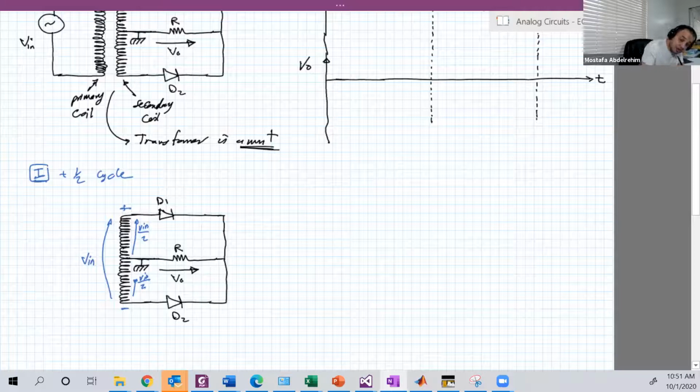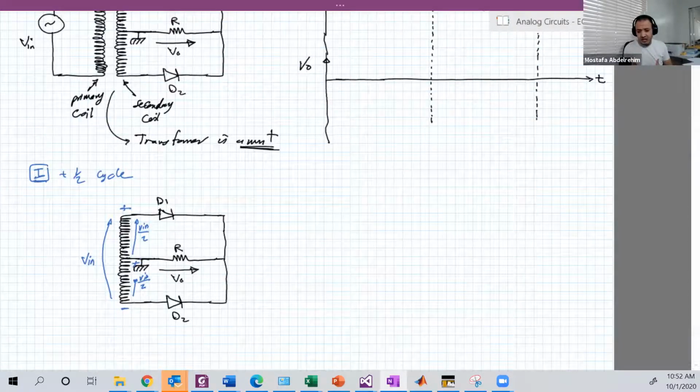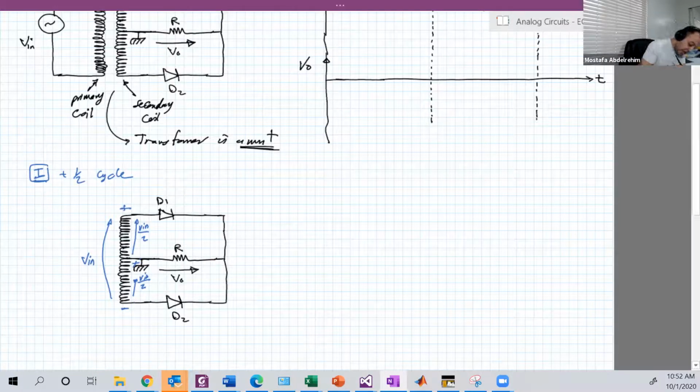The ground relative to the negative can be considered positive. Positive and negative in voltage difference means some point is higher than the other point. And the ground relative to the positive can be considered negative. So basically, positive, negative, positive, negative.